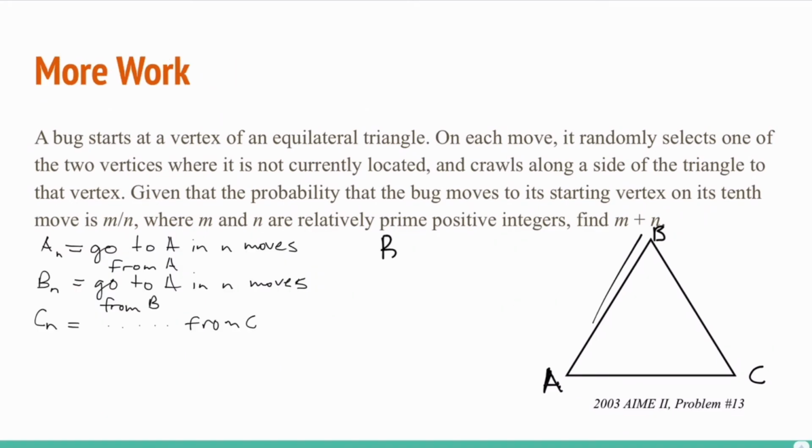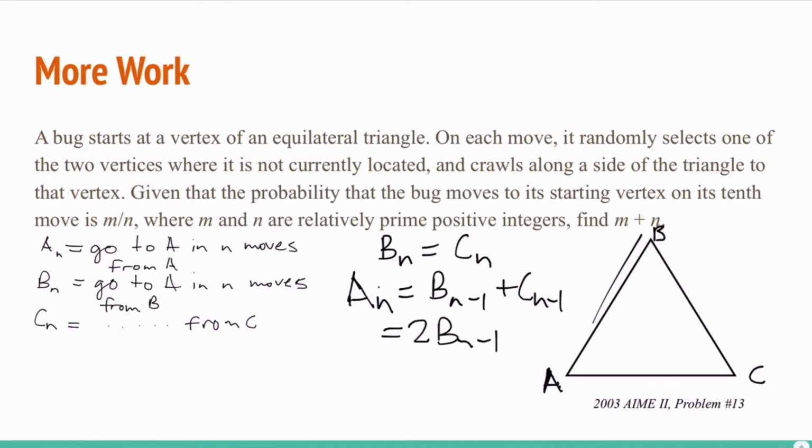Now, we know that b of n is equal to c of n by symmetry. Also, a of n equals b of n minus 1 plus c of n minus 1, because the bug has to go from A to B or C and come back in n minus 1 moves. This value also equals 2b of n minus 1.